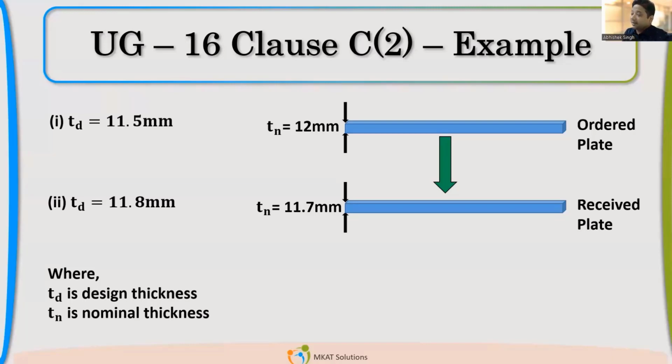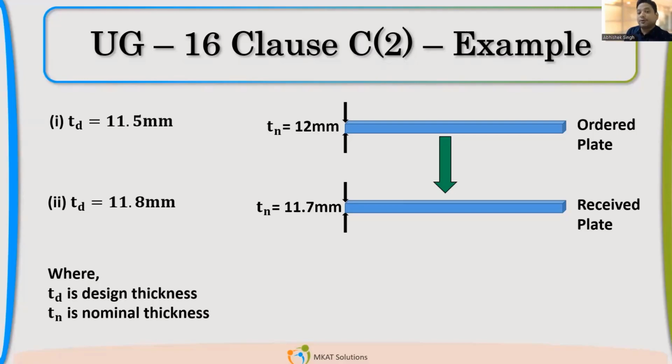Now they have very clearly clarified that if my design thickness is 9.8 and I'm ordering a 10 mm nominal thick plate, whose nominal thickness is higher than my design thickness but can go lower than design thickness after under tolerance, I have to just see the difference between my design thickness and the thickness I'll be getting after under tolerance.